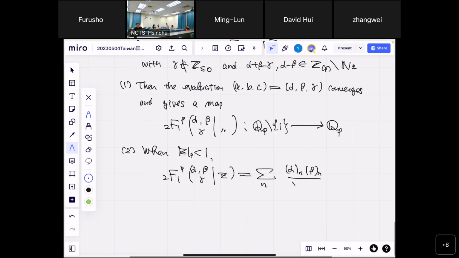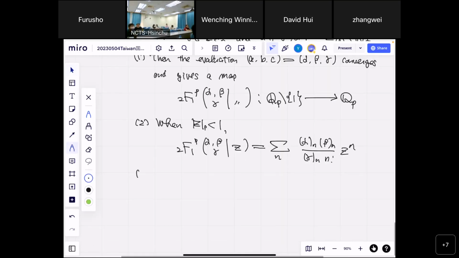So I think my function is a kind of natural extension of the function given by the power series, which converges on the open unit disc. It's a kind of analytic extension of the hypergeometric function.